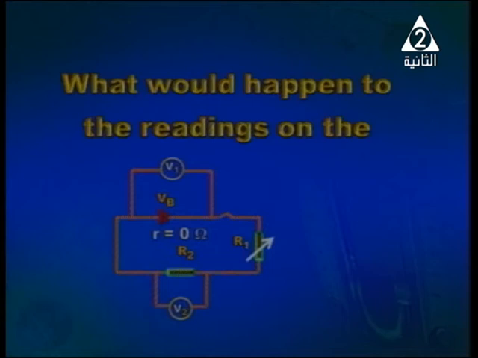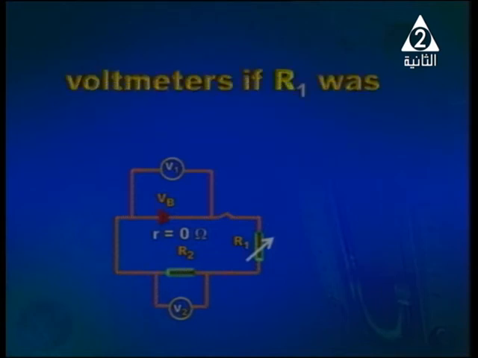Another question, what would happen to the readings on the voltmeters if R1 was increased? But in this example, we've got something special here. Internal resistance is equal to 0. So what happens when internal resistance is equal to 0?